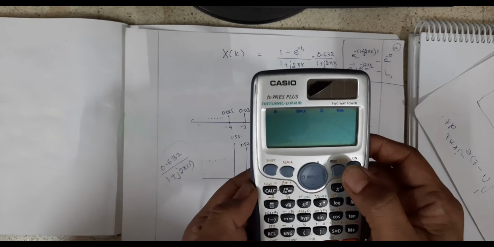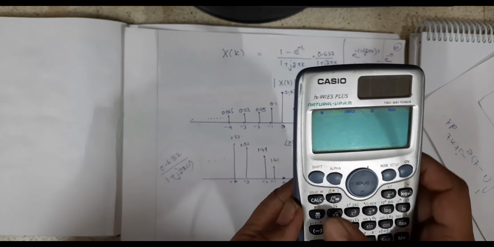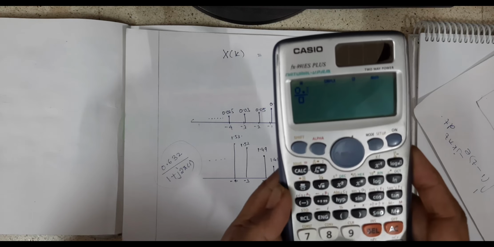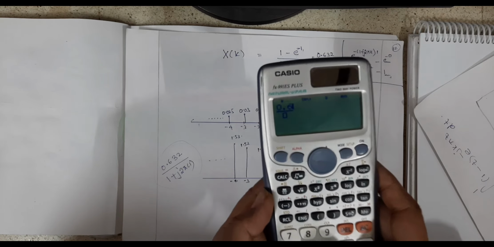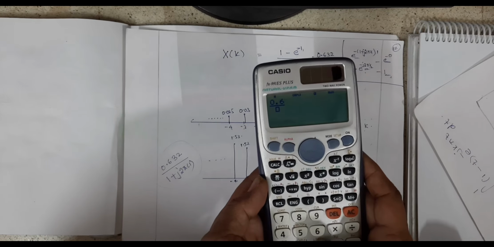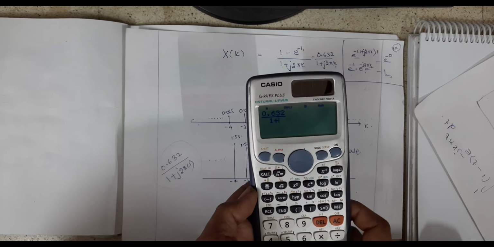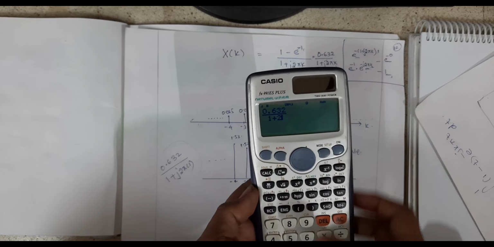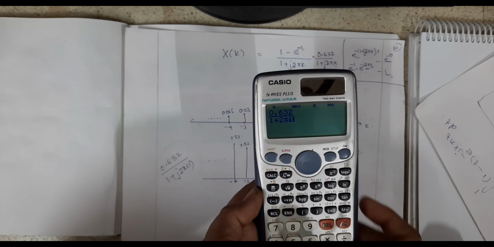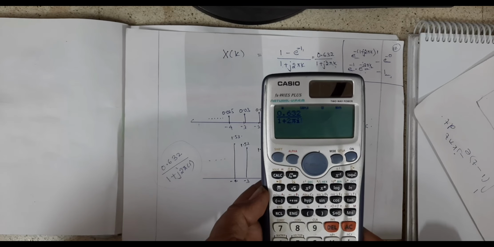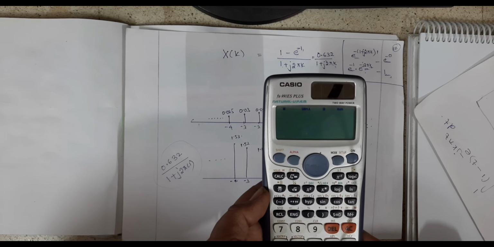Just see here, first go to the complex mode and write this one, which is 0.632 divided by 1 plus 2 into pi i. Remember, you have to do it in the complex mode and also keep it in radians.